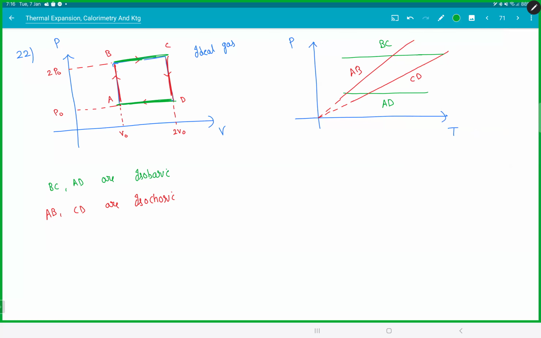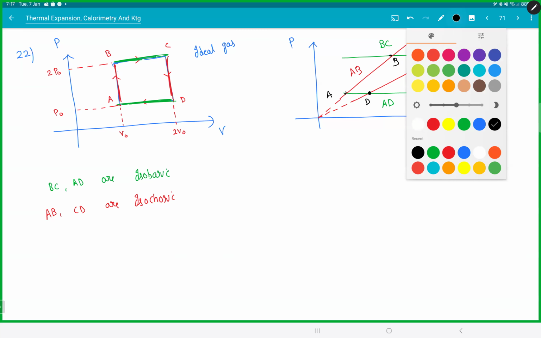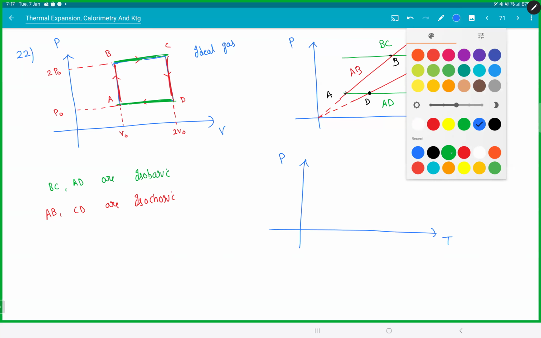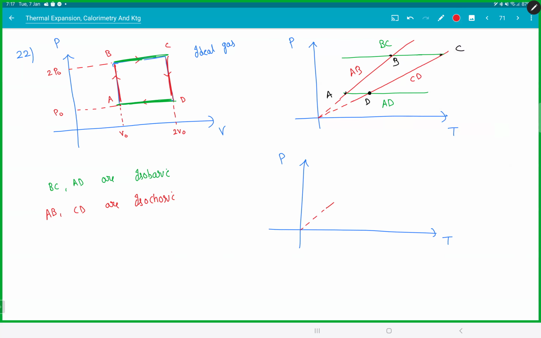Is that making sense, everyone? Now look at the point of intersection. So this is intersection between AD and CD. So this must be D, this must be A, this must be B, and this must be C. Now I'll just redraw it again. There.